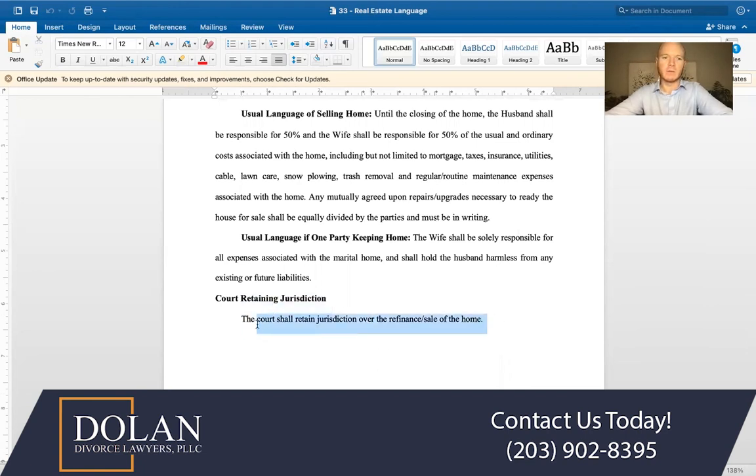If you don't have this language, you could be put in a scenario where you have to sue them separately in housing court or file a civil action, which is considerably more difficult and annoying. So you want to make sure that you have this language in about retaining jurisdiction over the home.